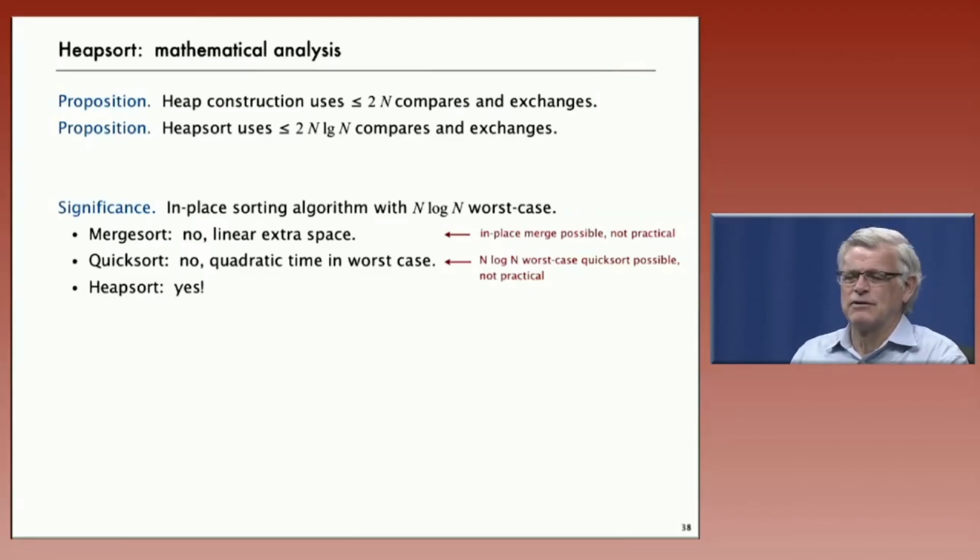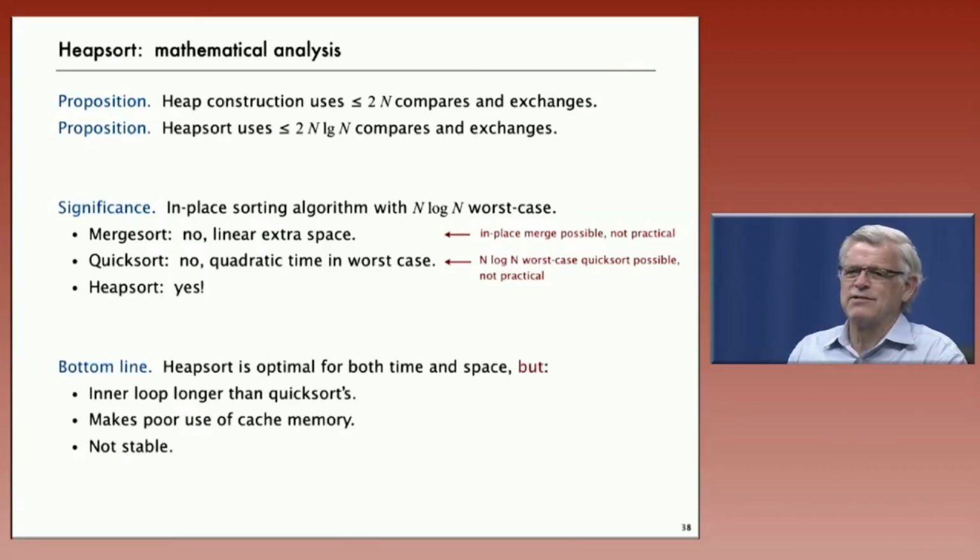But heapsort does both. Now there are more complicated versions of merge sort and quicksort that can do this in theory, but heapsort is a pretty simple algorithm that gets both done. So if on a job interview somebody asks you what's an in-place sorting algorithm that's guaranteed N log N, your answer is going to be heapsort.